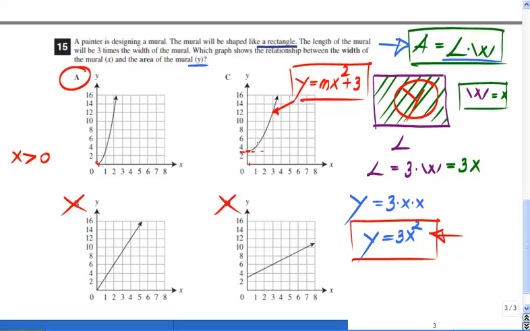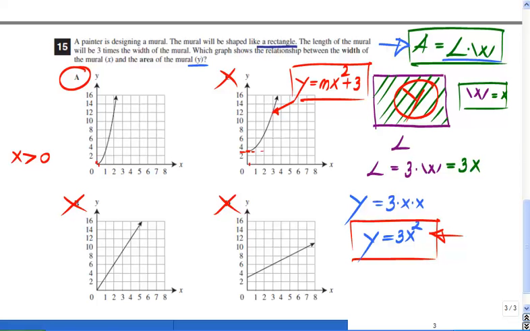That's probably the vertex of whichever function is represented by graph C. But that's not good, because for mine, I have no other quantity added to my 3x squared. So A is the answer. A represents the graph of the relation between the area of this mural and its width x.